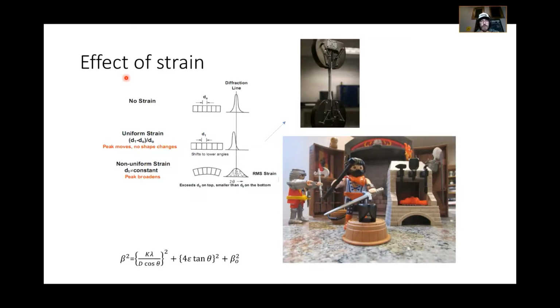If you have uniform strain, it's shifting to the left. And if you have non-uniform strain, like what my blacksmith figure is doing here on my kitchen counter, you get peak broadening, okay? And you also get a lower intensity as well.